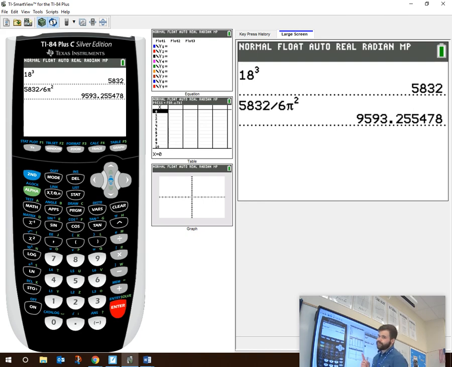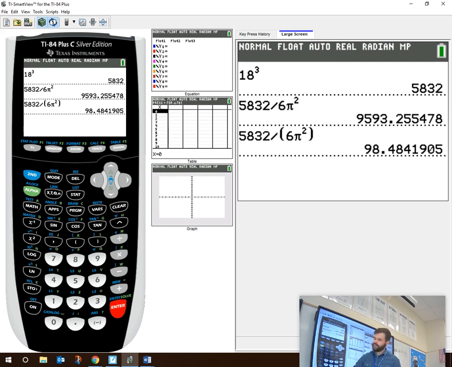make sure you put parentheses, folks. This is important. So we're going to go back again. 5,832 divided by parentheses 6 pi squared. All right. Man, I'm telling you, parentheses, parentheses, parentheses. This number doesn't make any sense at all. So we're going to hit enter again, and that makes a lot more sense.